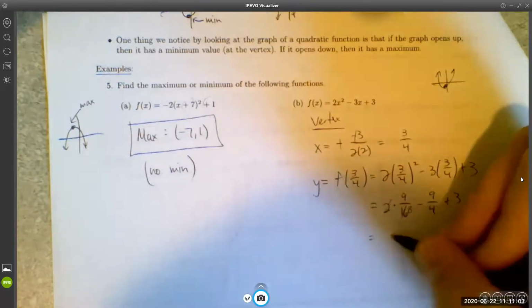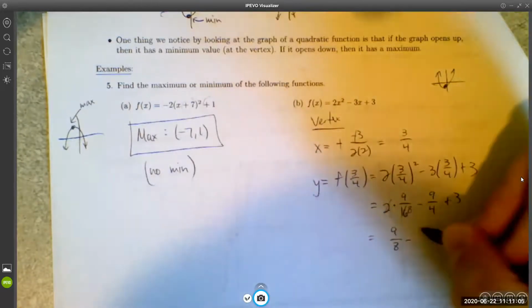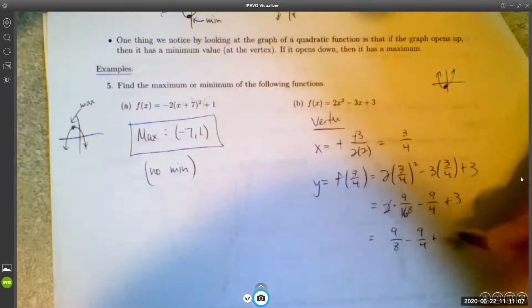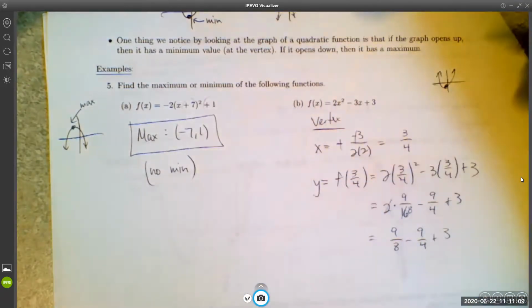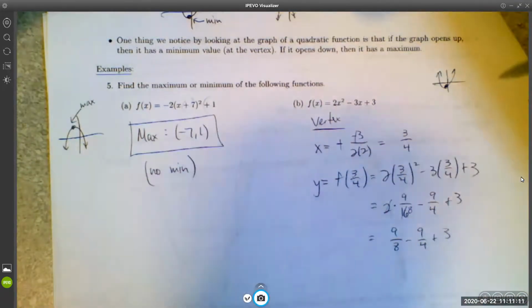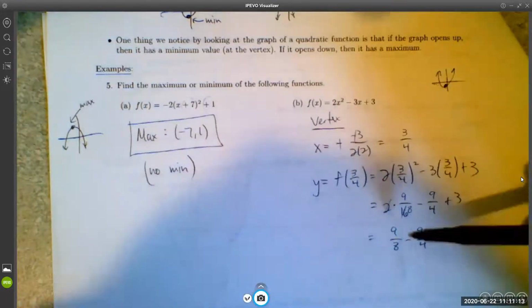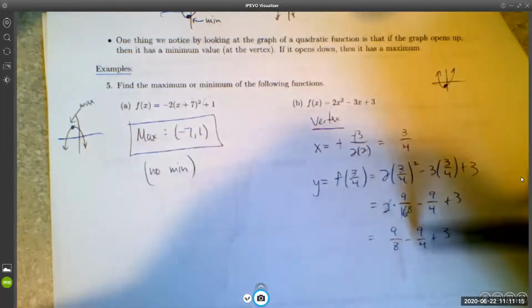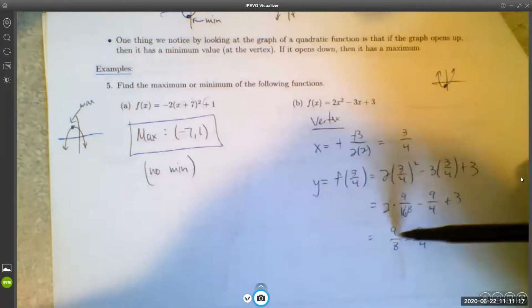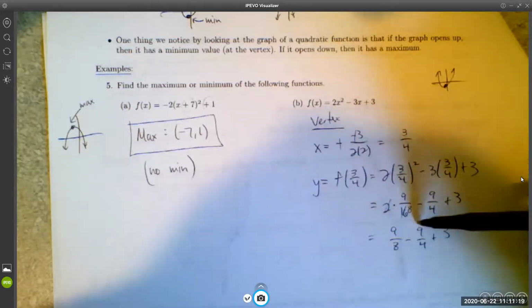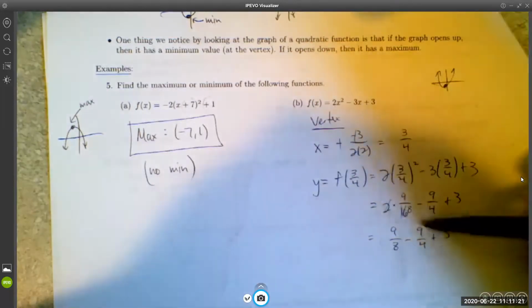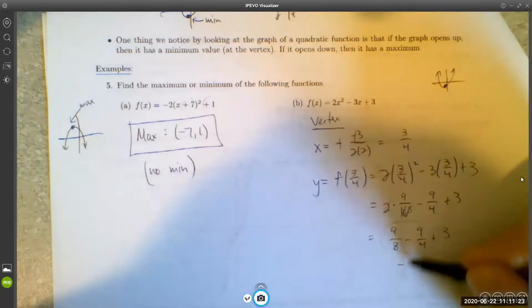Then we're going to have 9/8 minus 9/4 plus 3. And then you've got to add those things up, however you like to do it, right? I'm going to think 9/4 is 18/8. 9/8 minus 18/8 is -9/8. So these first two things are going to combine to give me a -9/8.